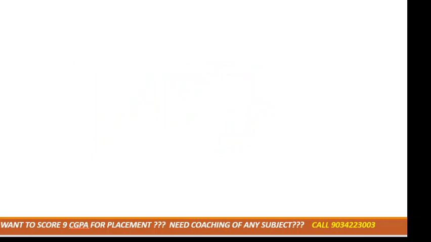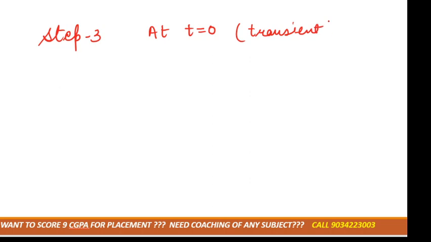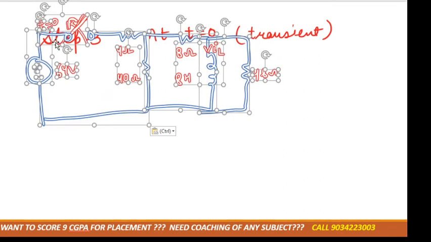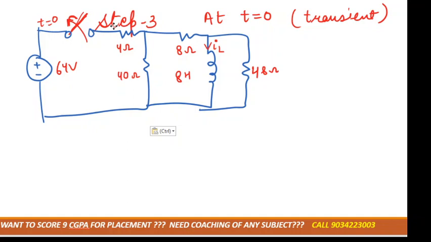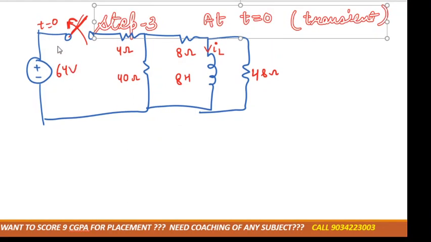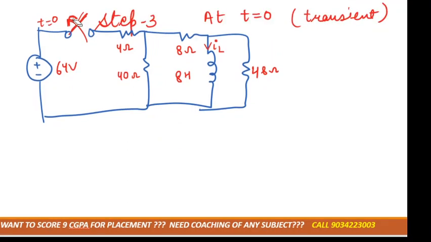Now step number 3, we need to calculate at t equal to 0, that is your transient. I told you when your switch is changing, at t equal to 0 it's going to be open circuit, so this is removed.